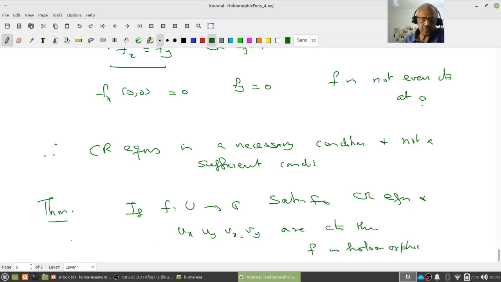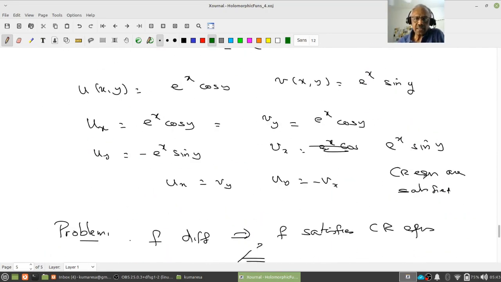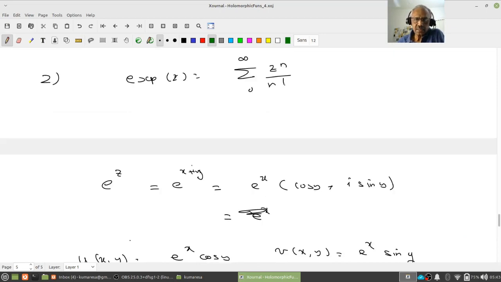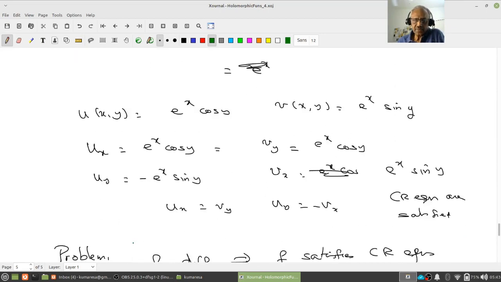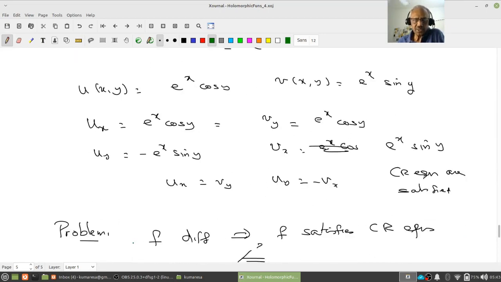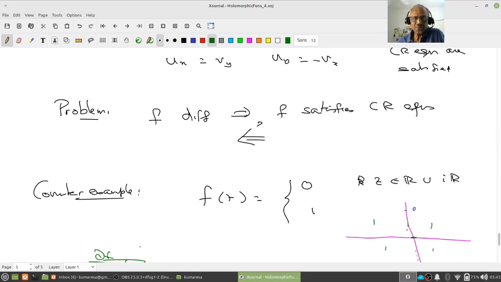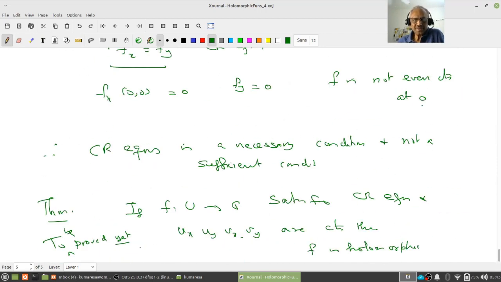We still have to prove this. Assume that, then go back to the example e power z. We checked e power z satisfies Cauchy Riemann equation, therefore it is differentiable or analytic or holomorphic. That's the way classical books will prove e power z.